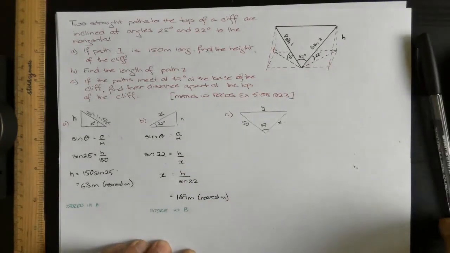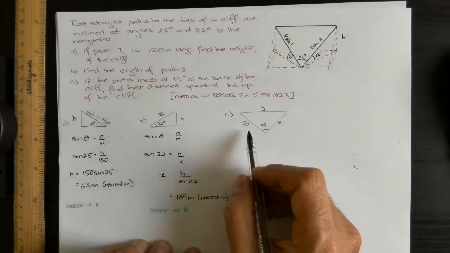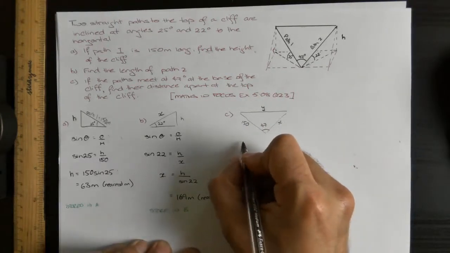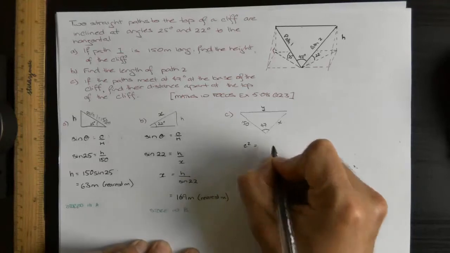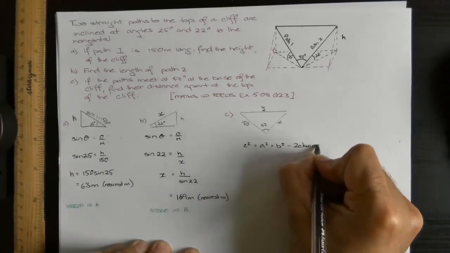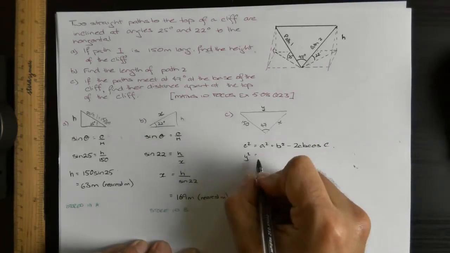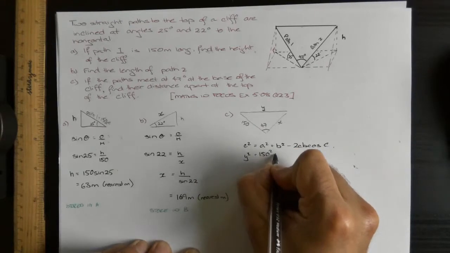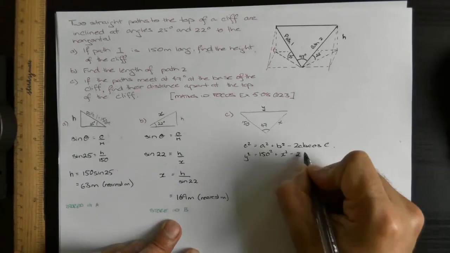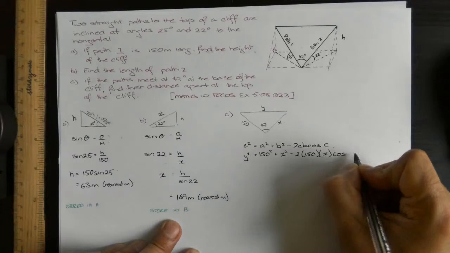We have to use the cosine rule because we've got two known lengths and the included angle. The cosine rule is c squared equals a squared plus b squared minus 2ab cos C. C squared in this case will be y squared. A squared, let's say that's 150. My b squared is going to be my x. Then 2 lots of 150 times my x times cos 47.